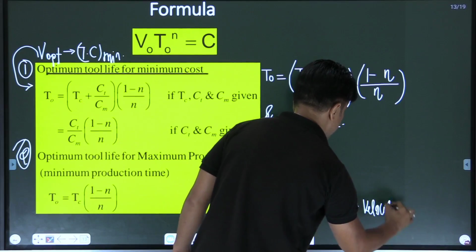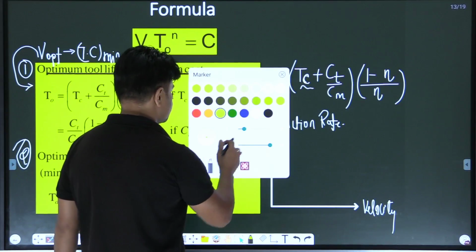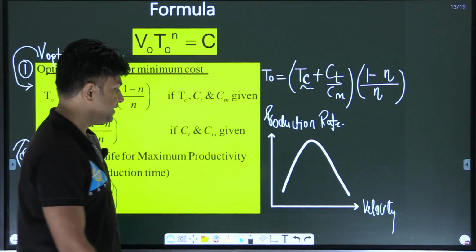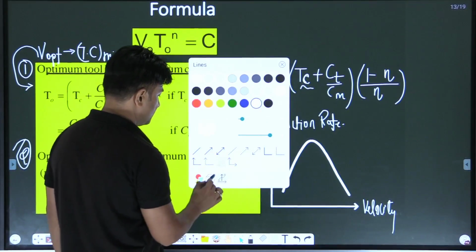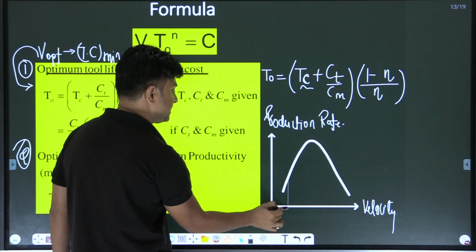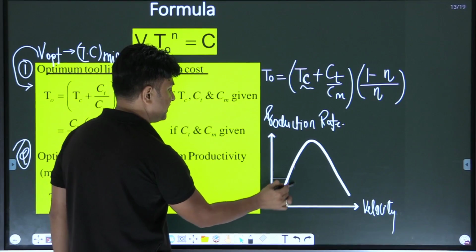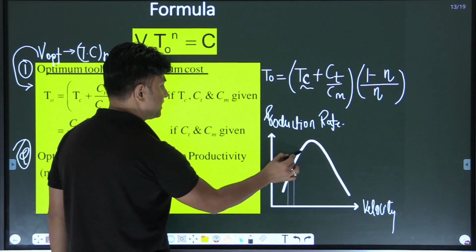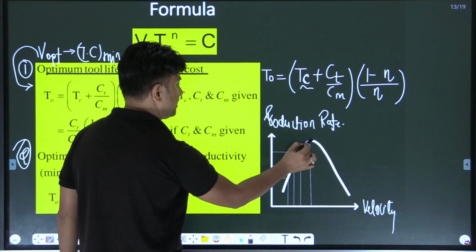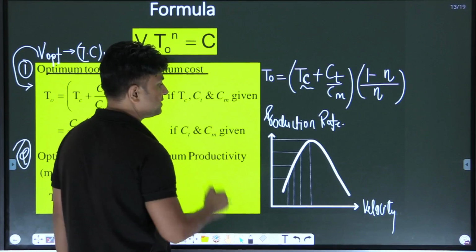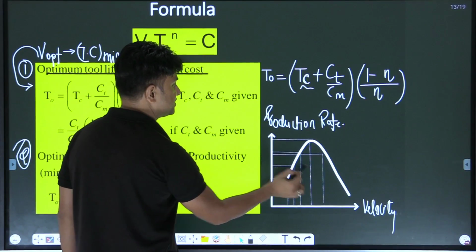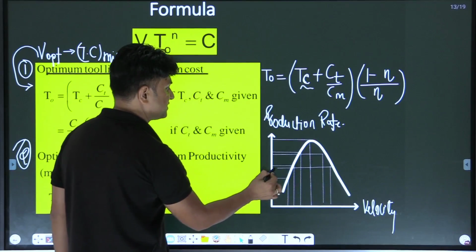When you increase the cutting velocity, the manufacturing rate increases, and at a certain velocity the production rate is maximum. After that, if you increase the velocity, the production rate decreases.